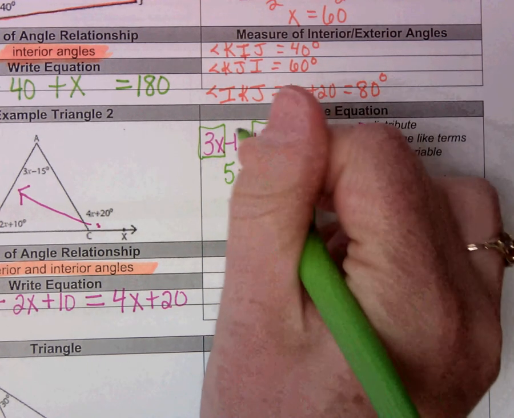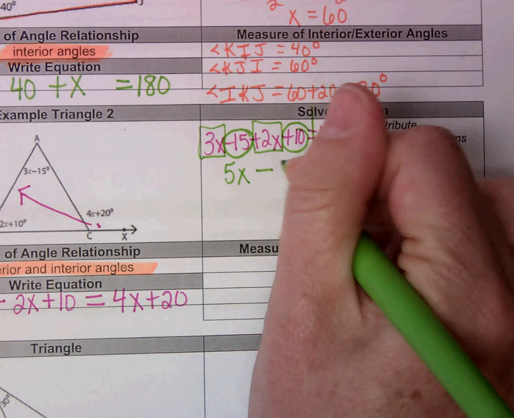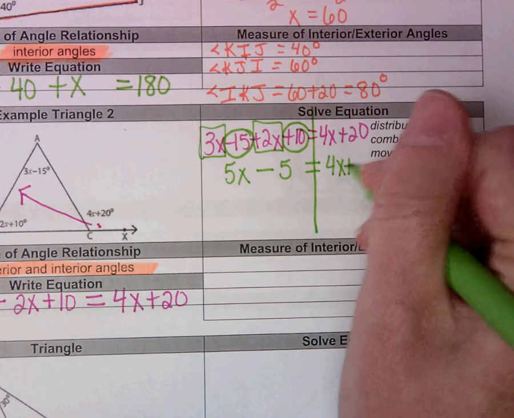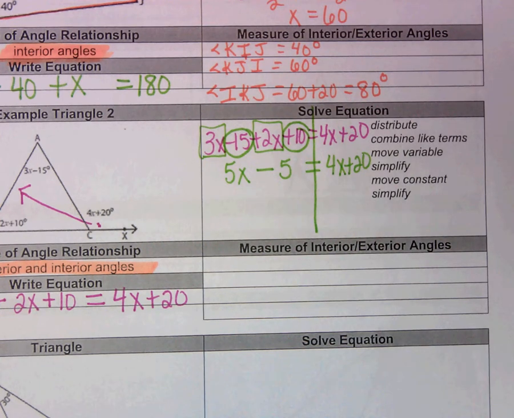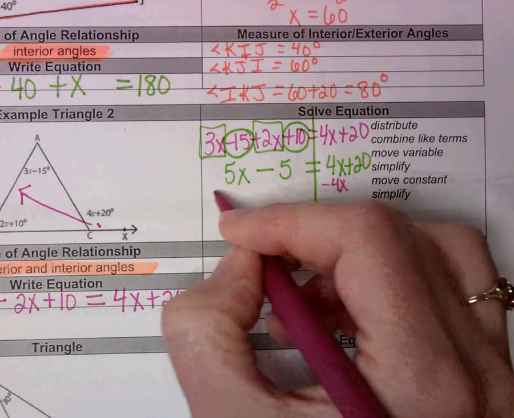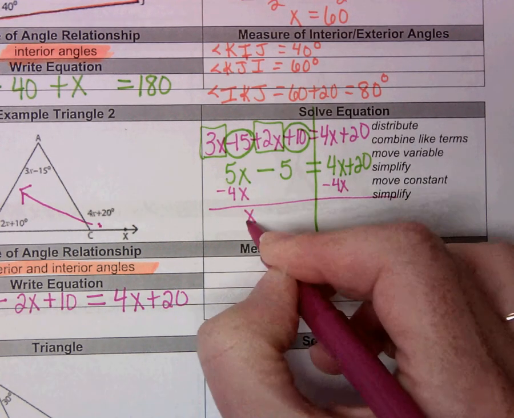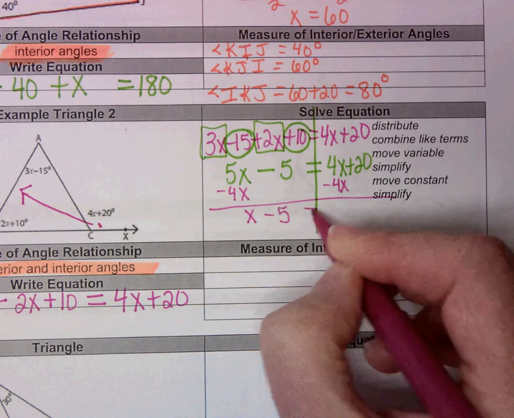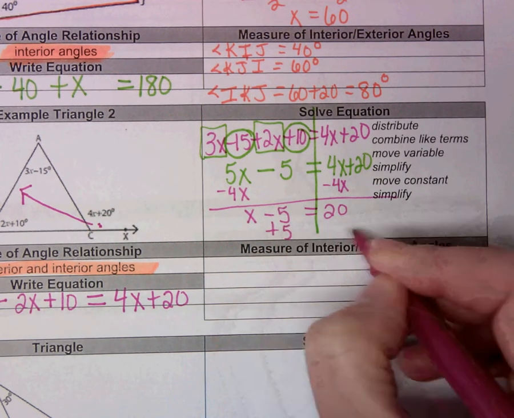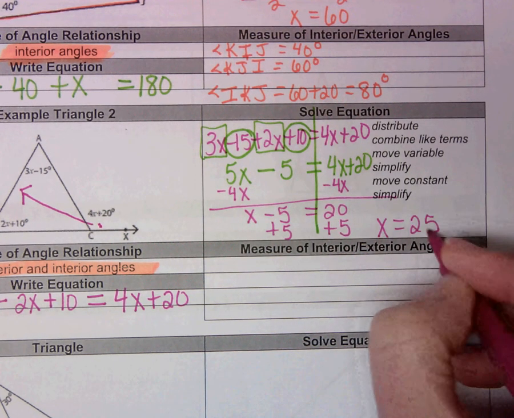I have negative 15 and positive 10, so I should get negative 5. Okay, so my next thing I need to do is move my variables to the same side. I would probably subtract 4x. Make sure you put it under the x. So I would have 1x minus 5 equals 20. Add 5 to both sides, and I get x equals 25.